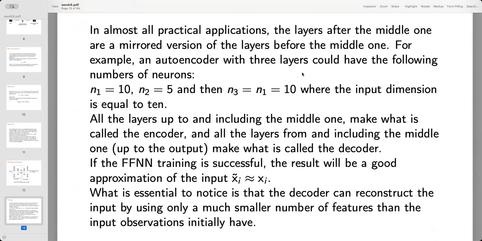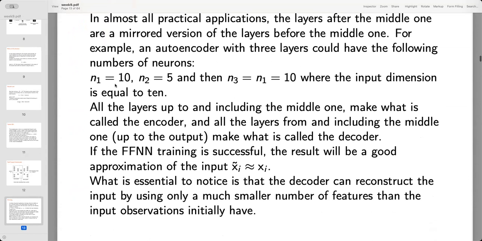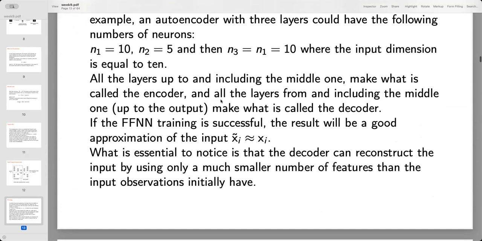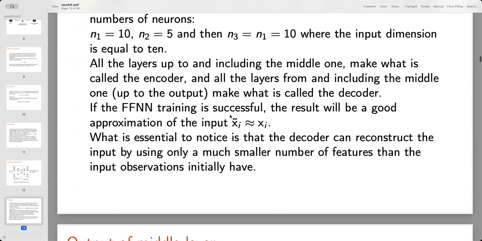So an encoder with 3 layers could have 10 nodes, and then 5, and then 3, and then back up to 10, where the input dimension is equal to 10. And all the layers up to and including the middle one make what is called the encoder. And all the layers from and including the middle one up to the output make what's normally called the decoder.